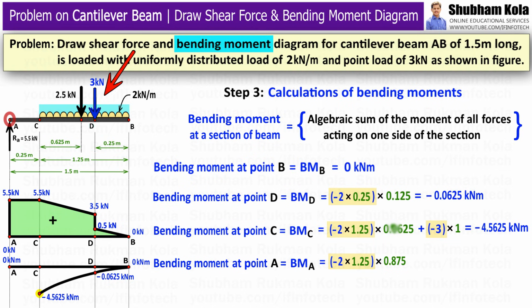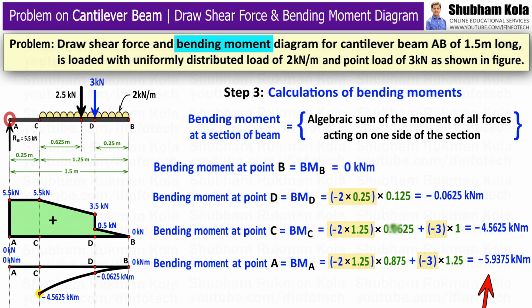Due to this force, the beam shows hogging effect, and for hogging effect of the beam, I will consider this force as negative and multiply this force with the distance from the point of action of force, that is 1.25 meter. So we get the value of bending moment at point A as minus 5.9375 kN meter.